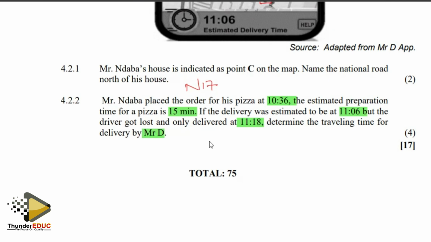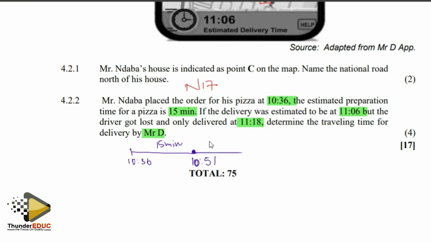Now here, I advise people to draw a certain line here. This is at 10:36. It's supposed to be ready, picked up after 15 minutes. What time will it be? After 15 minutes, I believe it will be 10:51.